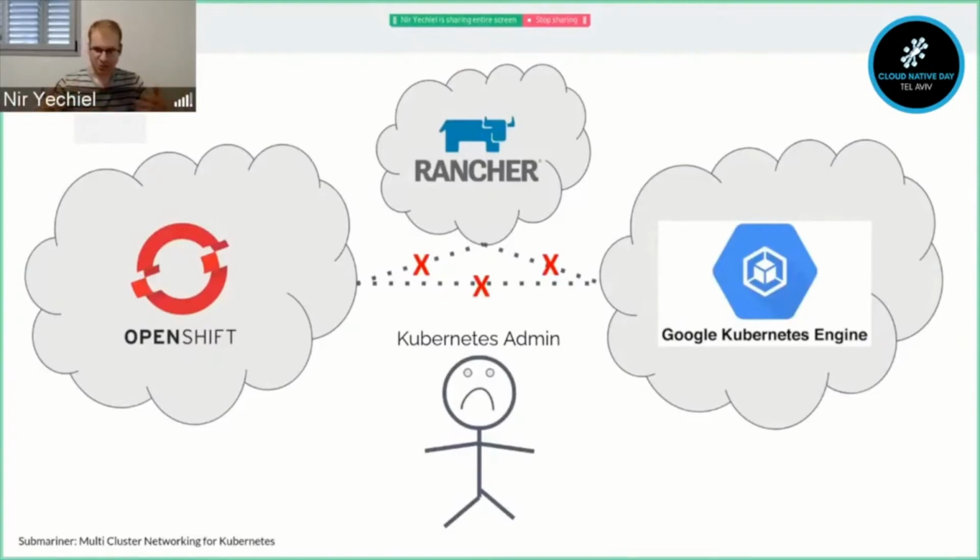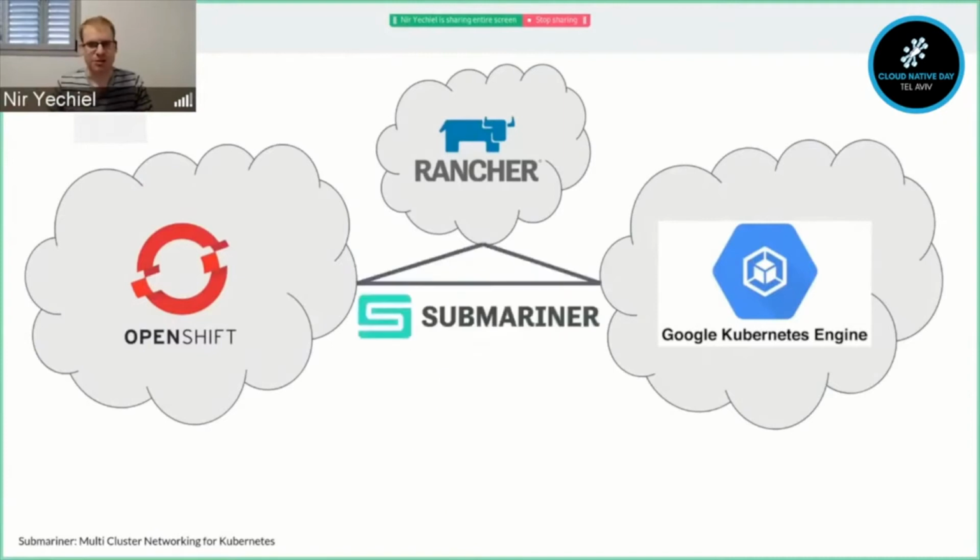And in order to really implement a true multi-cloud approach, you need some level of connectivity between those, and you are not happy. So we're here to help with Submariner, which is really a means to create a fabric of connectivity between the different clusters.